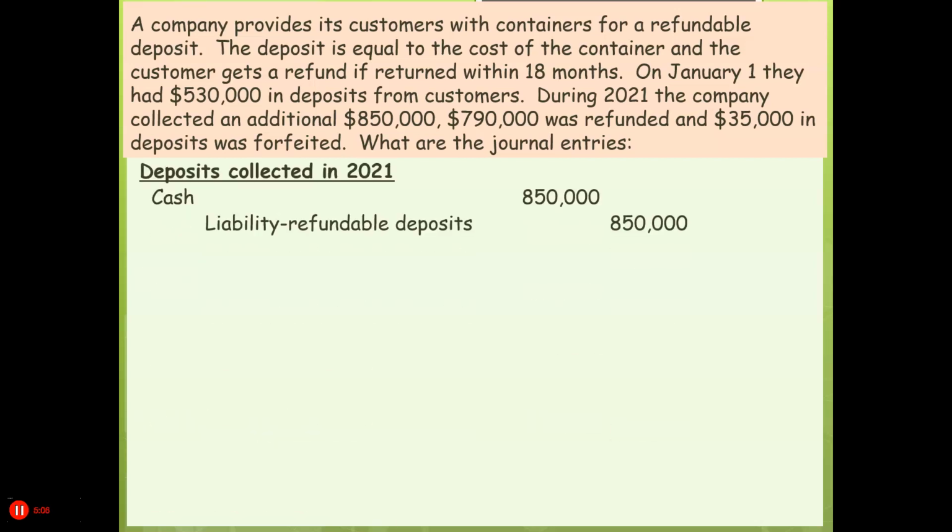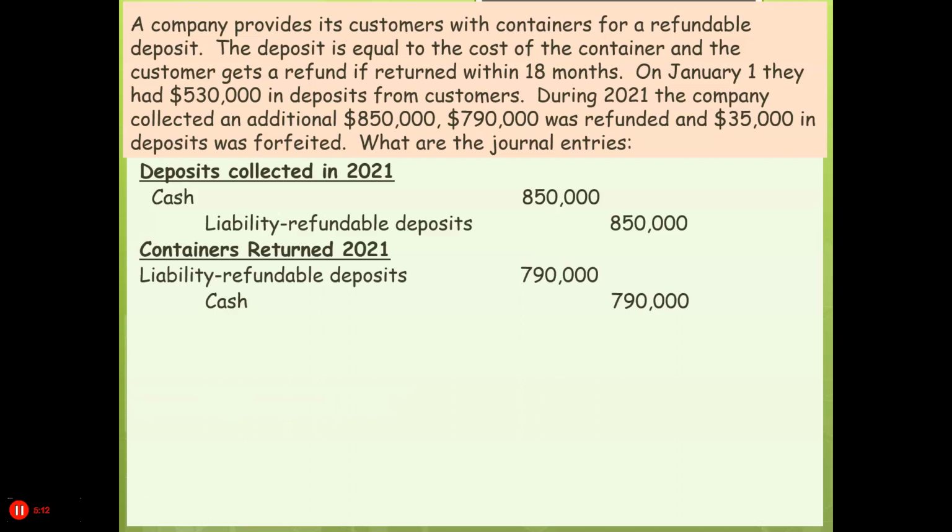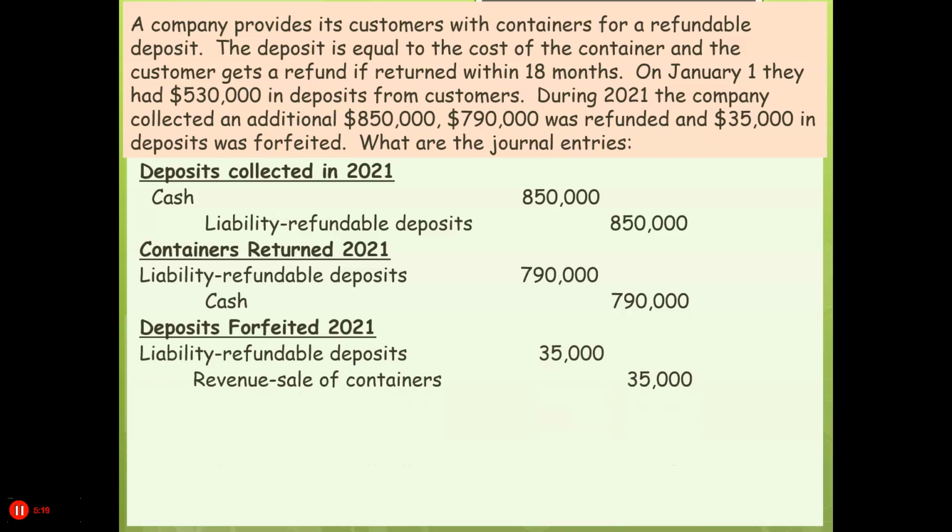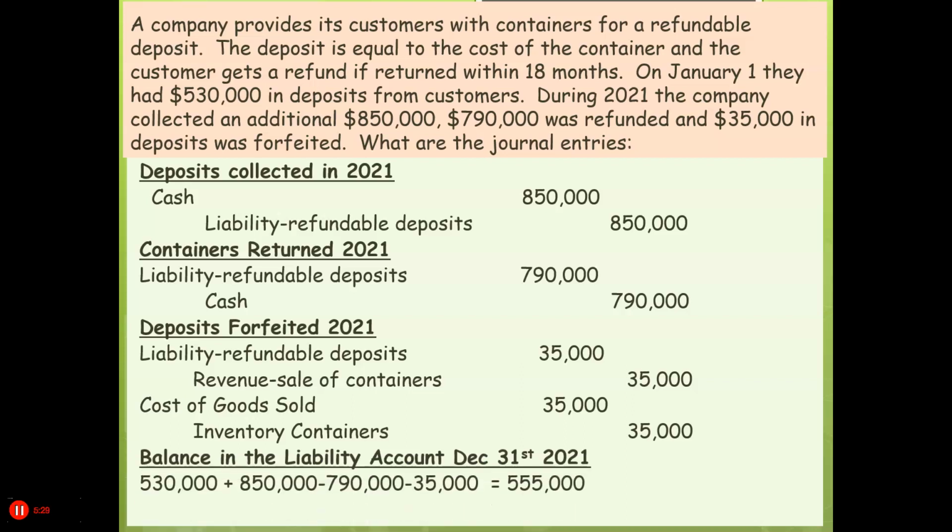So, deposits collected would have been a debit to cash. For refunds, when containers are returned, we'd take it out of the refund liability and credit cash, and then the forfeitures would be booked as revenue, but also taken at a cost of goods sold. And if you notice, the revenue matches the expense, so these are like a wash. And then the balance in the liability account would be $555,000. And we just add up your journal entries to figure that out.